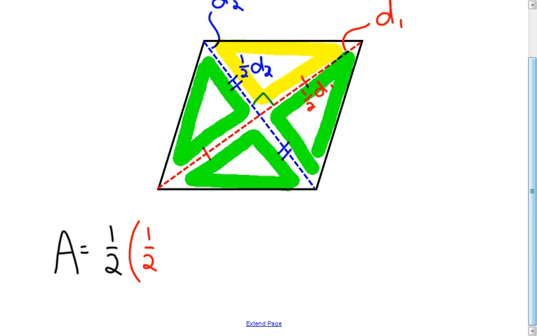So here's my base, 1/2 diagonal 1, times the height of my triangle, which is going to be 1/2 of diagonal 2. And there you go. There's the area of my triangle. Now remember, there's 4 triangles in that rhombus, so if I take this and multiply it by 4, I'm going to have the area of my rhombus.